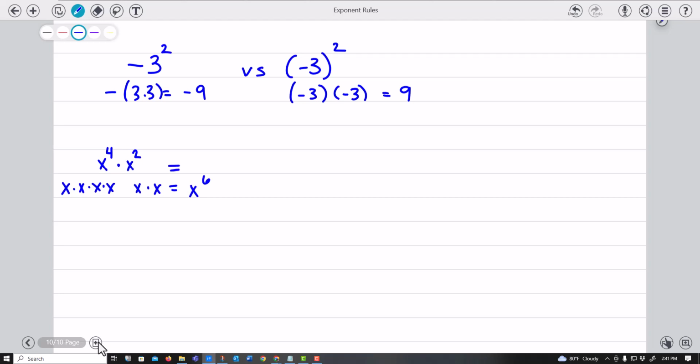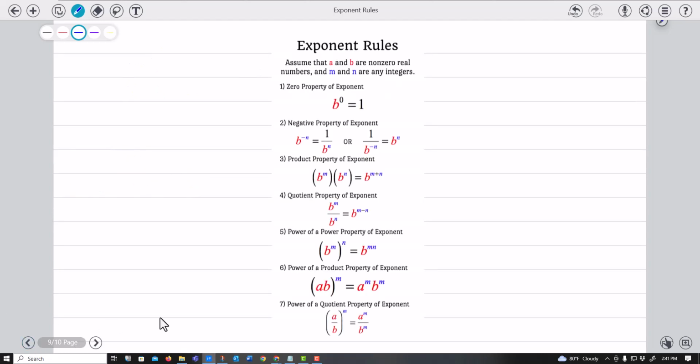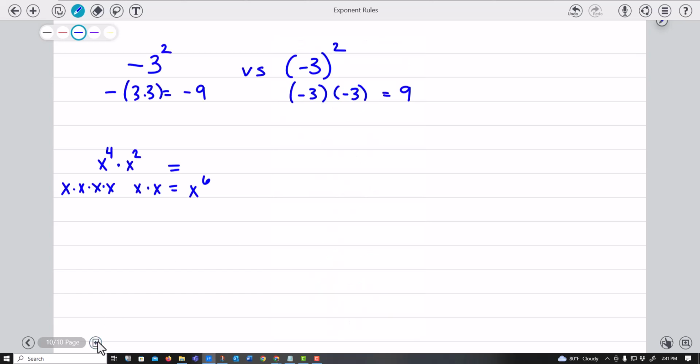Remember on this last sheet right here that we have the same bases. We just simply add those exponents. So I can just simply say x to the 4 plus 2 and see that's how we get the x to the 6th power.